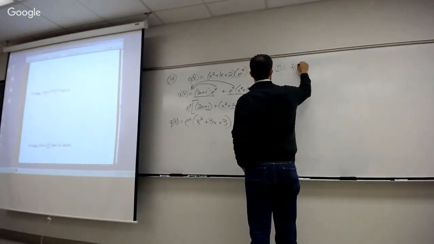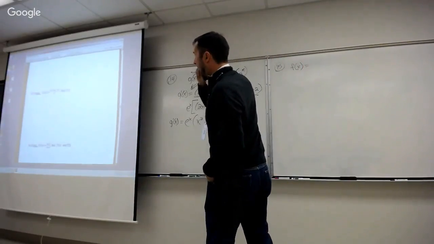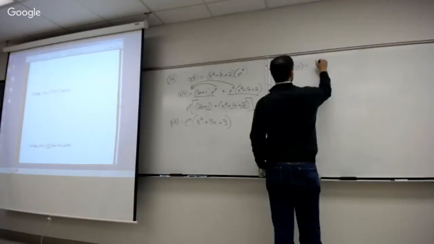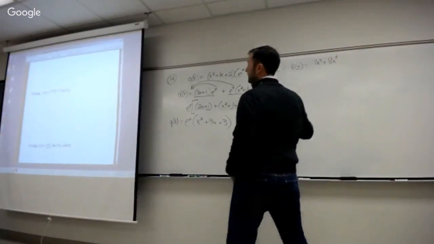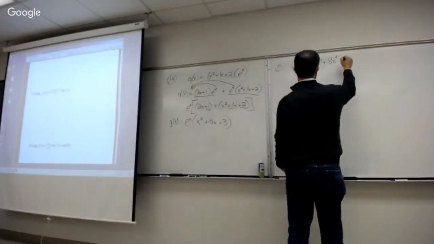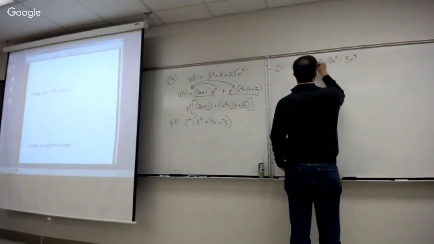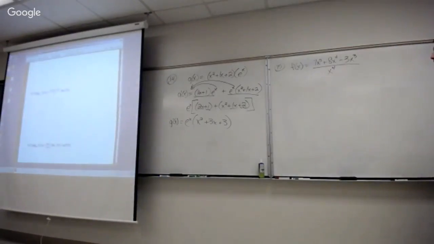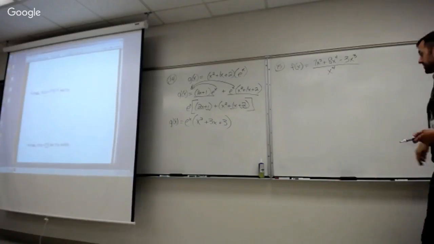We have f of x equals 7x to the fifth plus 8x to the fourth minus 3x cubed, all over x to the fourth. So we're going now, product, quotient, or chain? Definitely quotient rule this time because it's a fraction.